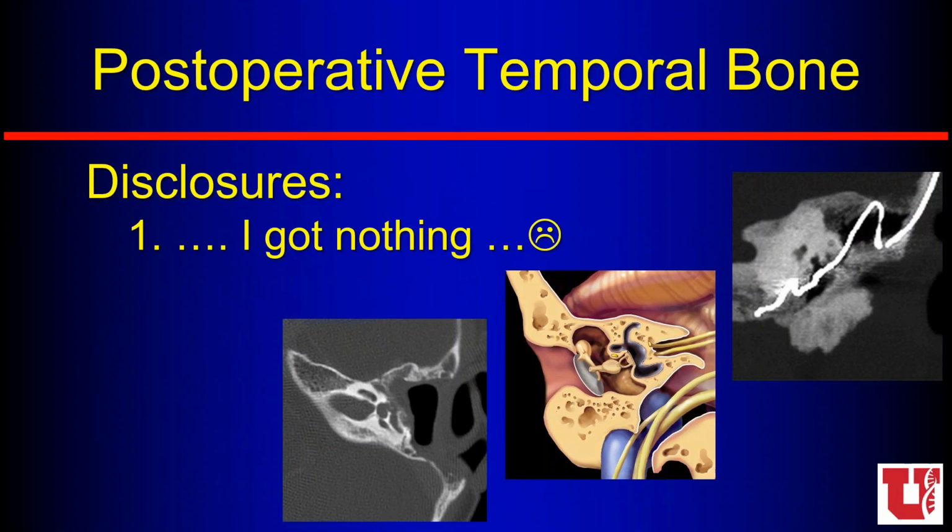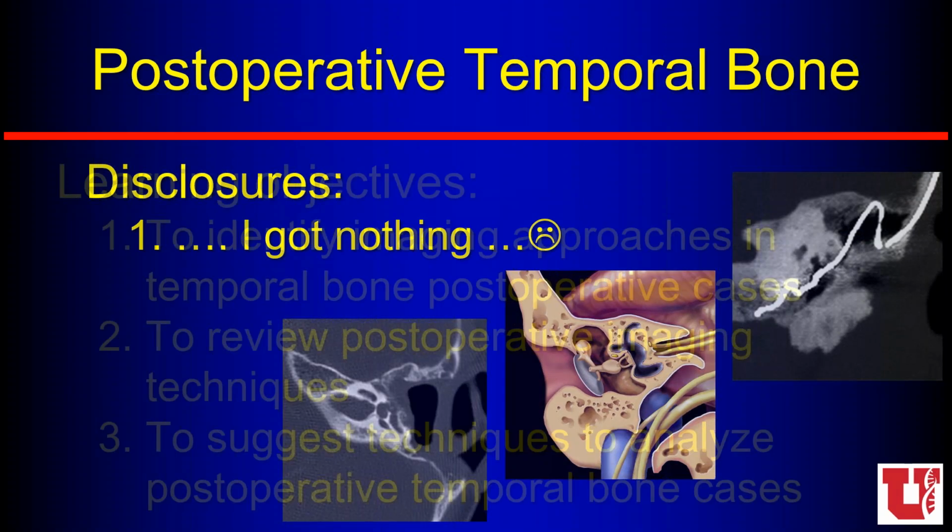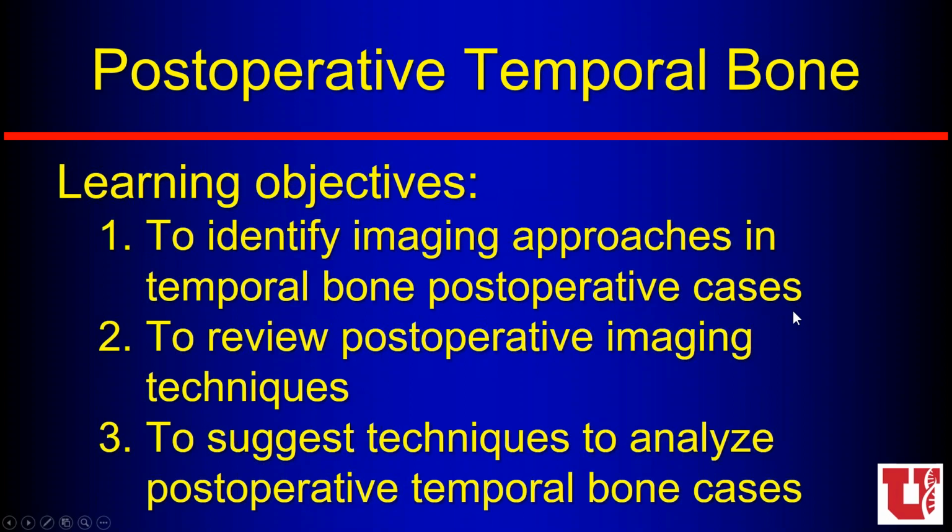So we're going to look at the anatomy and talk about the different approaches in post-operative temporal bone cases, review a little bit about how we image these cases, and try to think about it a different way so that we can identify and think about it analytically and go through the process to evaluate these complicated cases. Just like post-operative neck cases, these post-operative temporal bones can be very complicated. So I'm going to try to break it down and talk about how I think about this.